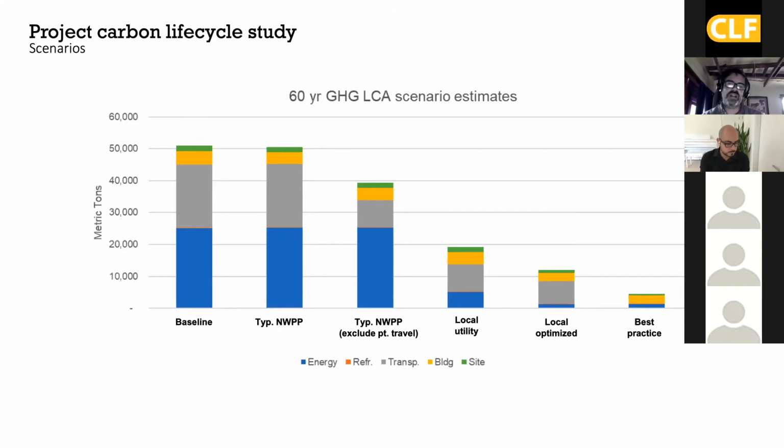But also reflecting this local utility, which actually was in the Northwest, heavily hydro, so it reduced a lot of our energy emissions, and then what we could do to optimize that. So from a typical building in the Northwest, almost a 75% reduction in metric tons, and then really what was the best we could do, and really cut that in half again by a set of strategies.